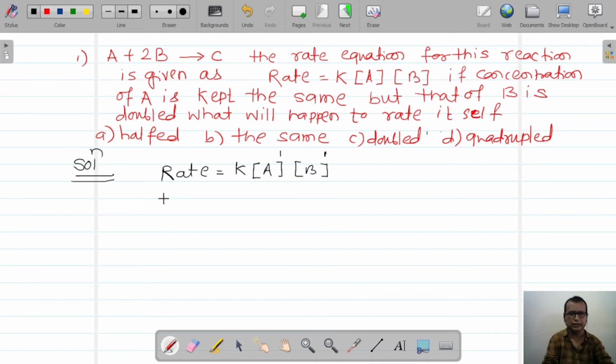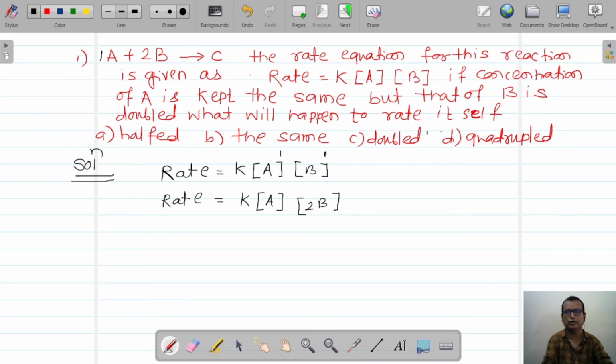When we write another rate, it is equal to K into concentration of A and B is double this B. This stoichiometry is 1 and stoichiometry is 2, but it is our rate law.